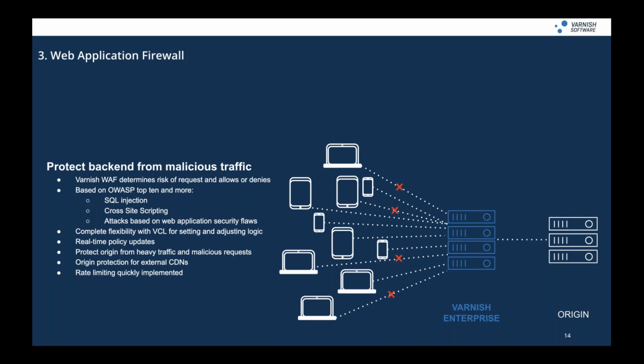So adding a web application firewall, or WAF, to Varnish is natural because we're already protecting the origin from too many requests. Implementing the Varnish WAF also keeps the backend safe from predatory traffic.